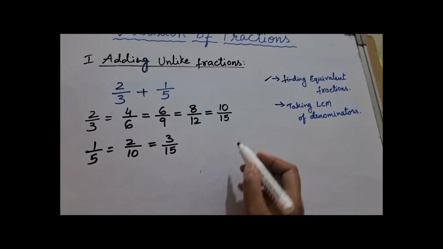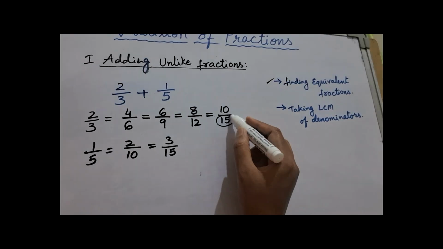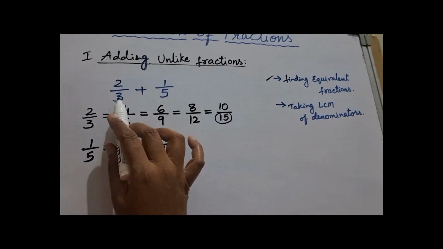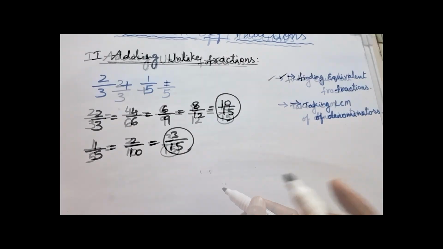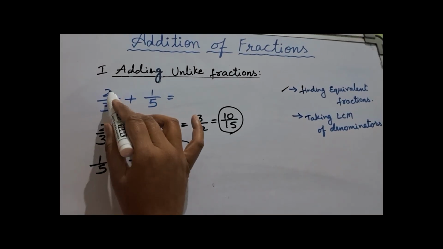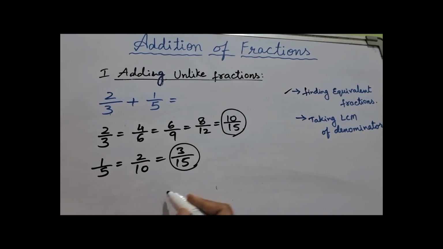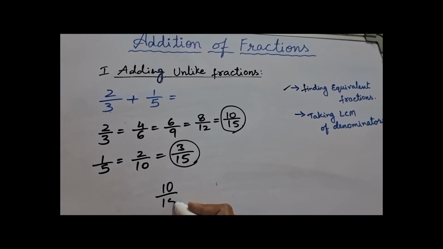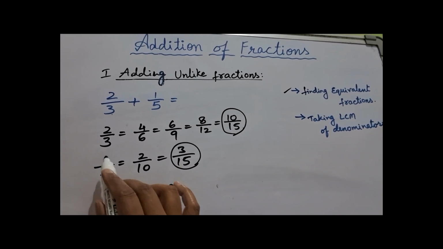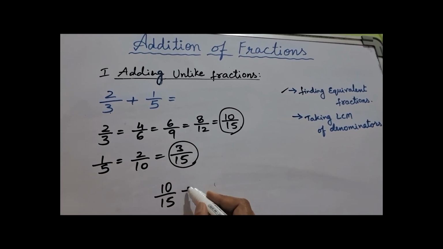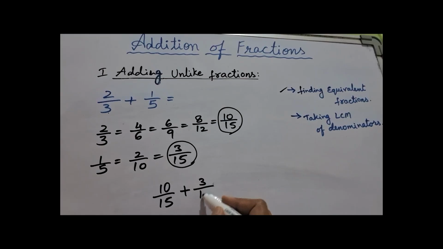So in this way, until we get the same denominator, we need to find the equivalent fractions of both fractions. That means 2 by 3 is equal to 10 by 15, and 1 by 5 is equal to 3 by 15.